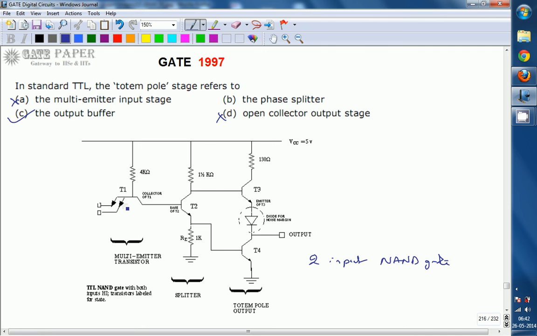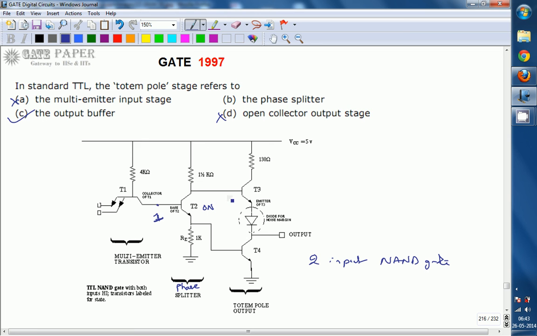If you look at the second column, consisting of the T2 transistor along with two resistors, this T2 acts as a splitter. This is called the phase splitter. The meaning of phase splitter is this: let us assume the input is given logic 1, so a large current flows and T2 will be in the on condition.